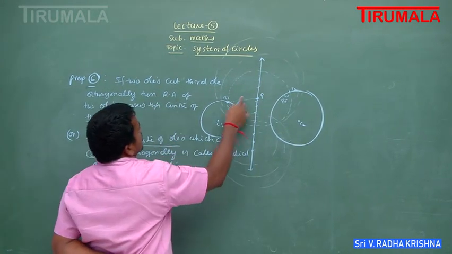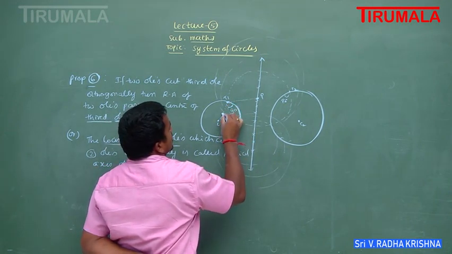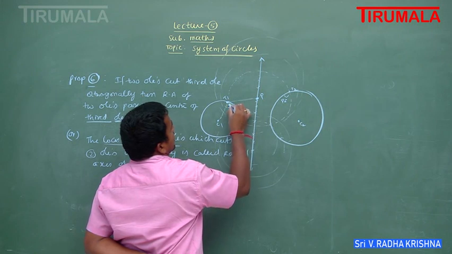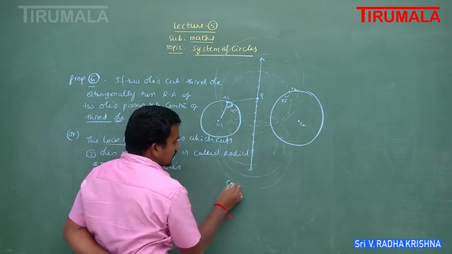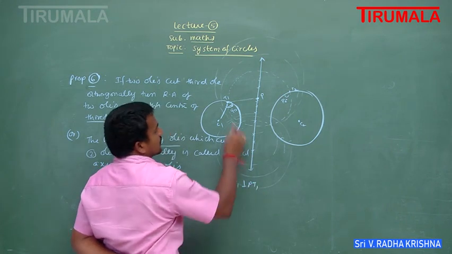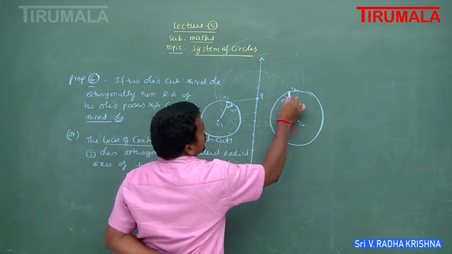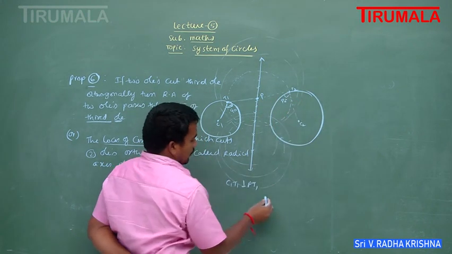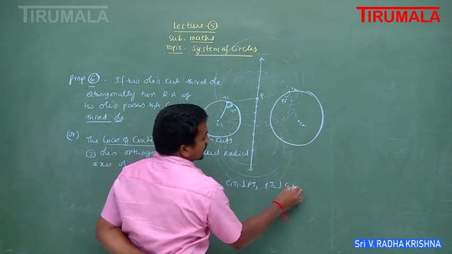Two circles cut orthogonally, which means the angle between the radii is 90 degrees. So C1T1 is perpendicular to PT1, and PT2 is perpendicular to C2T2.